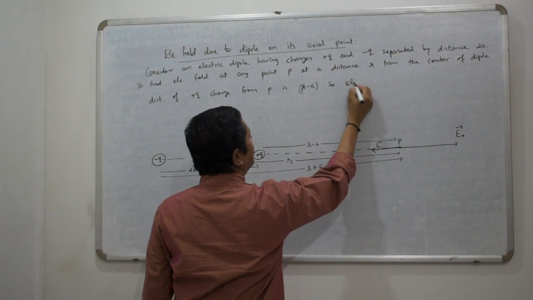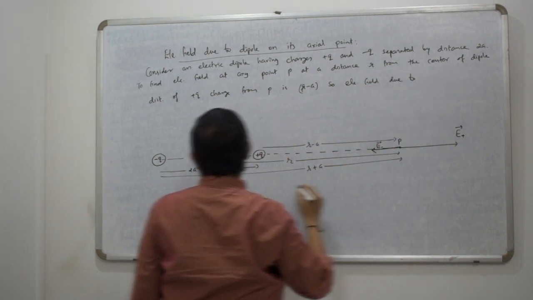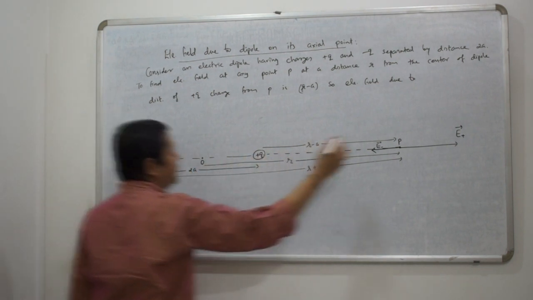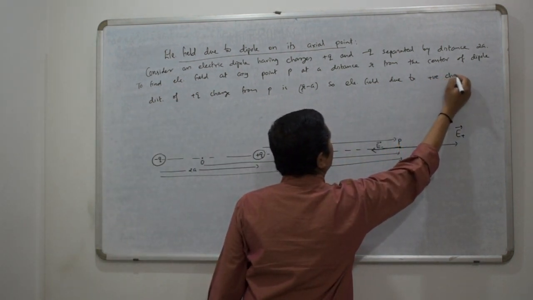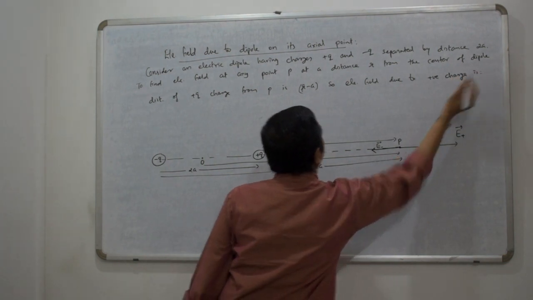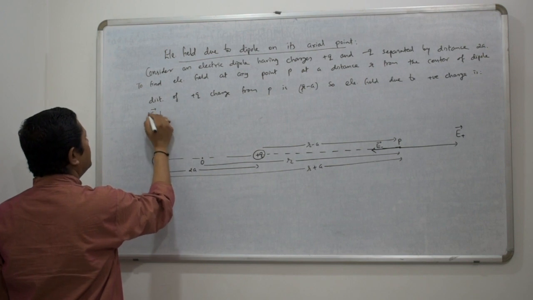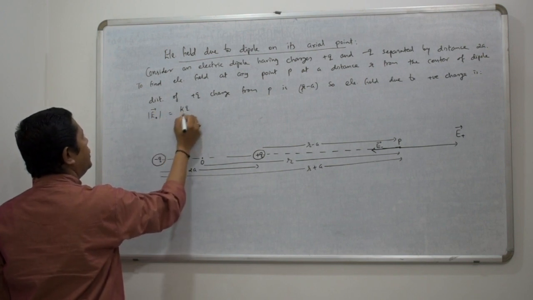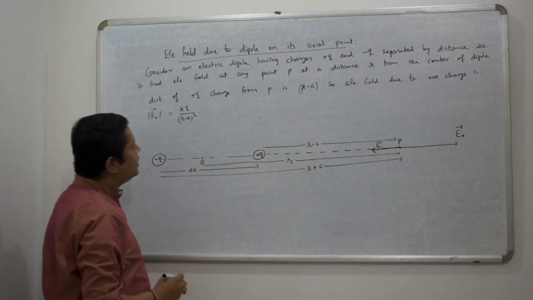So the electric field due to the positive charge is E plus is equal to kq upon (r minus a) square.